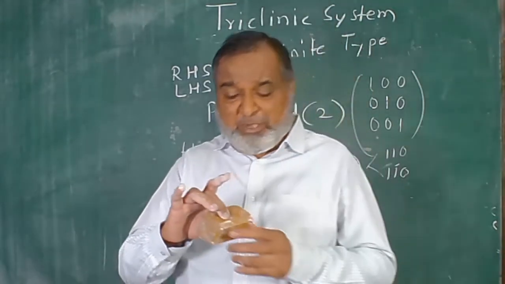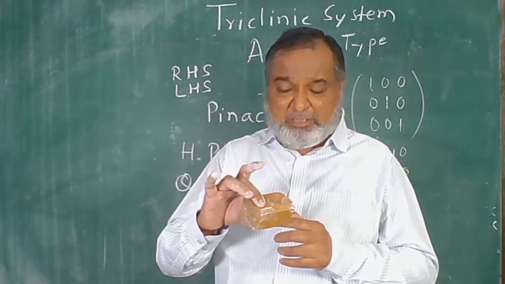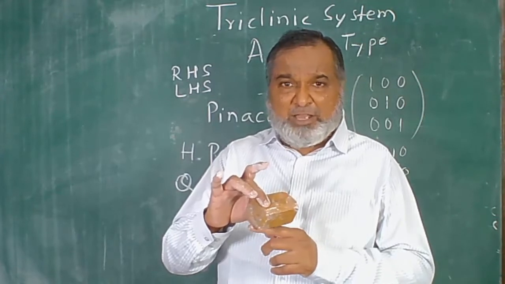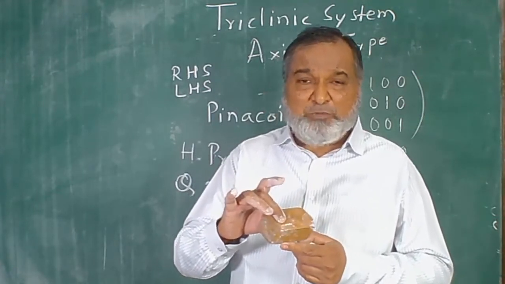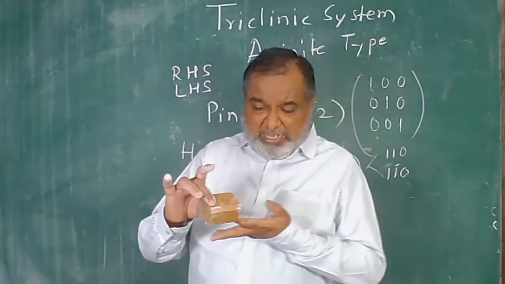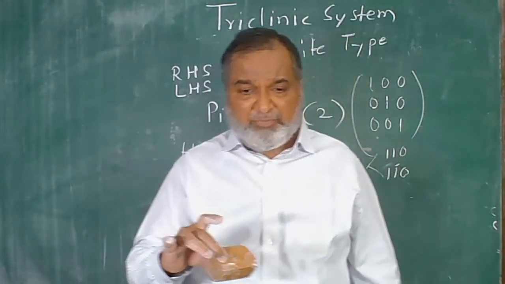In that quarter pyramid, 1, 1, 1 will be here, and here it is going to cut B positive, A negative, bar 1, 1, and C again on the negative side. So we are going to write bar 1, 1, bar 1. That is the indices of the lower pyramid.